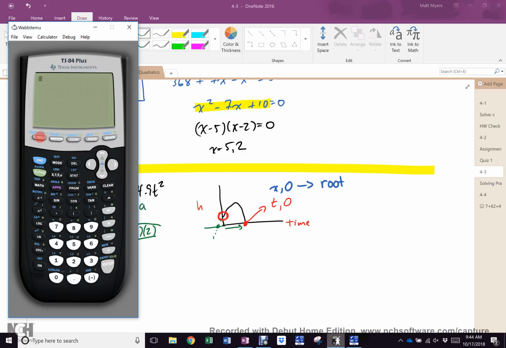Everybody push the button right there that says y equals. Now, the letter y is the vertical axis, yes? What variable, independent or dependent, do I graph on the y-axis?